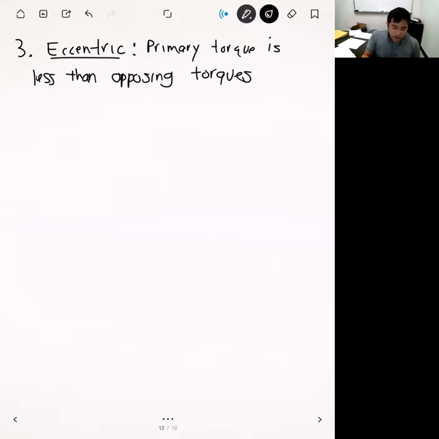This is a very unique case because when the muscle is contracting eccentrically, instead of actually causing the motion, it's acting to slow down or control the motion.